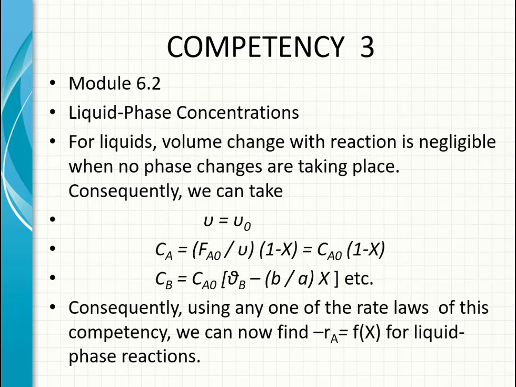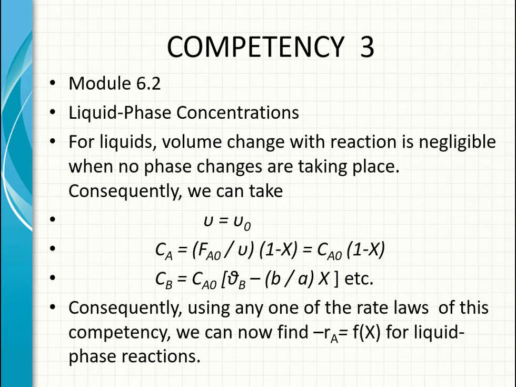Now, if we have the case of liquid phase concentrations, for liquids the volume change with reaction is negligible when no phase changes are taking place. Consequently, we can take the volumetric flow rate at the exit to be equal to the volumetric flow rate entering the reactor. So v is equal to v0.